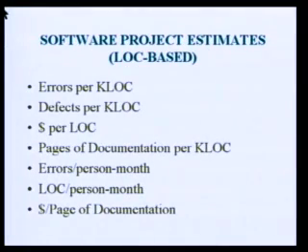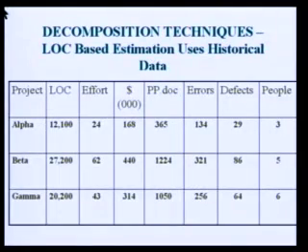The next one is errors per person month. In the first step we have seen errors per KLOC, but here it is totally different. It is errors per person month. So let me go to the project alpha. Here you have 134 errors and the person months are 24. So 134 by 24, that is the errors per person month.